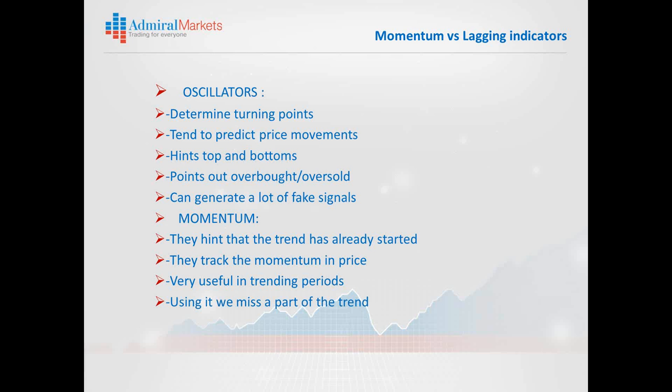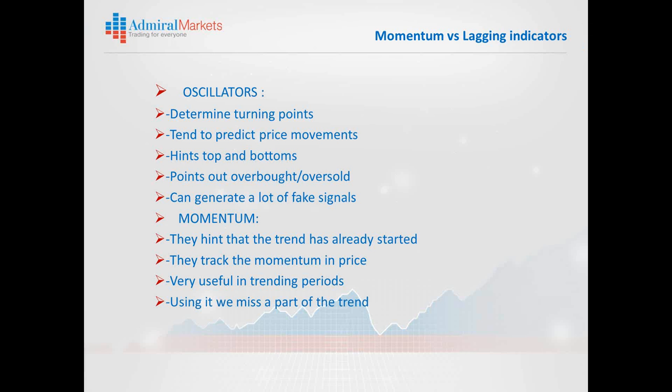Momentum indicators are very useful in trending periods. The only disadvantage is that using them we miss a part of the trend. As you know, the earliest possible entry is the divergence entry, right? But if we miss divergence and if we use some lagging indicators, we usually miss part of the trend.